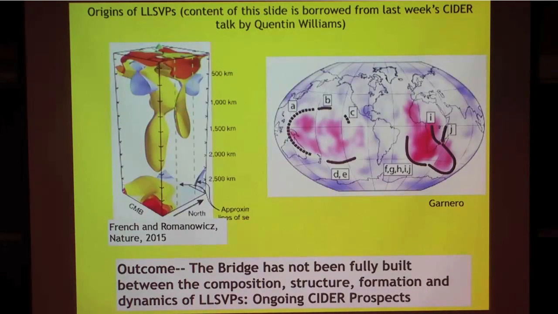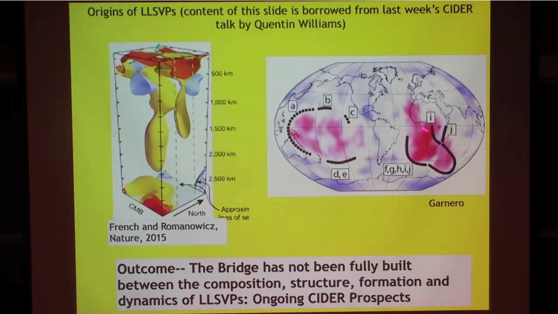Okay, so in addition, of course, we have seismic observations of structures in the lower mantle. I have just borrowed all the content of this slide from a talk that Quentin Williams gave last week. I even preserved the yellow background. This is mainly to remind you that the lower mantle has structure that plays into this, and that we don't fully understand what these structures are.